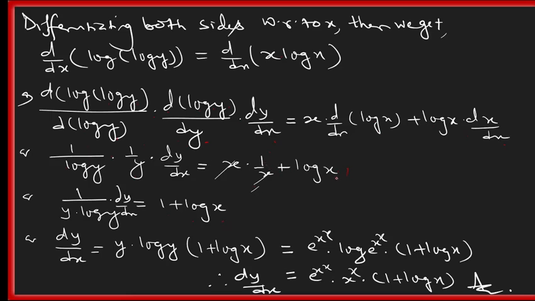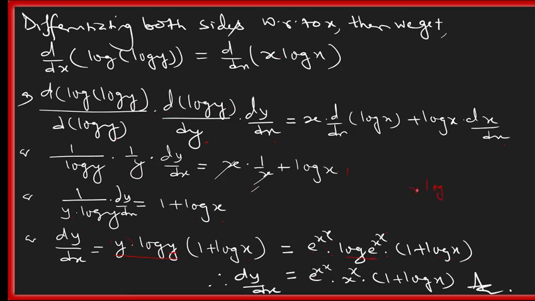Here remaining 1, here remaining log x, and we need dy by dx equals y log y times 1 plus log x. We supposed y is e^(x^x), and log y is x^x times log e, which is 1, as I have already shown.